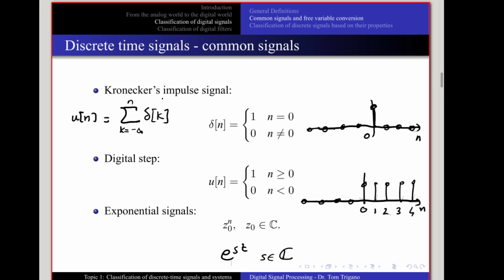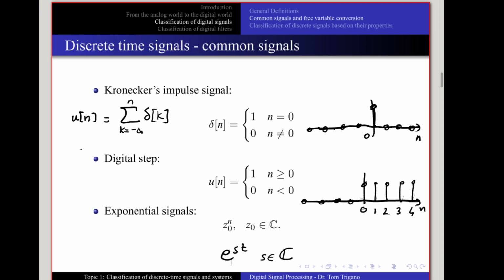So eventually you conclude that this sum on the right hand side is equal either to 0 when n is negative, or to 1 when n is non-negative, so it is the digital step.